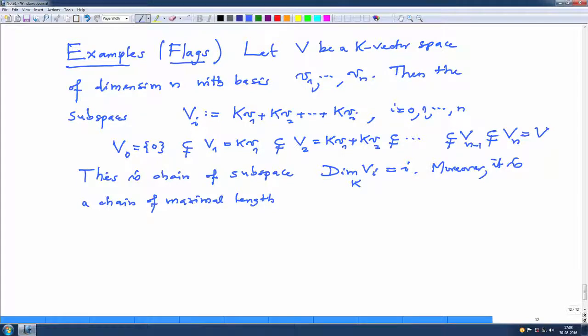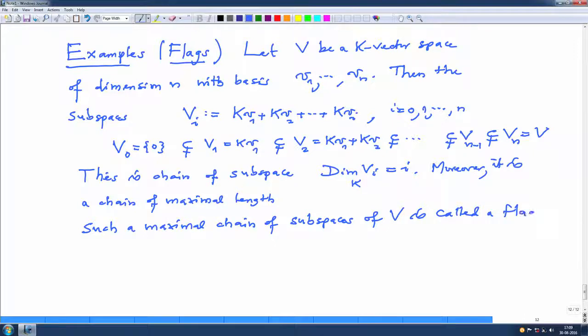You see, it should be bigger than or equal to i, and it should also be smaller than or equal to i plus 1. So, there is no possibility. Such a thing is called a flag. Okay. So, such a maximal chain of subspaces of V is called a flag in V.